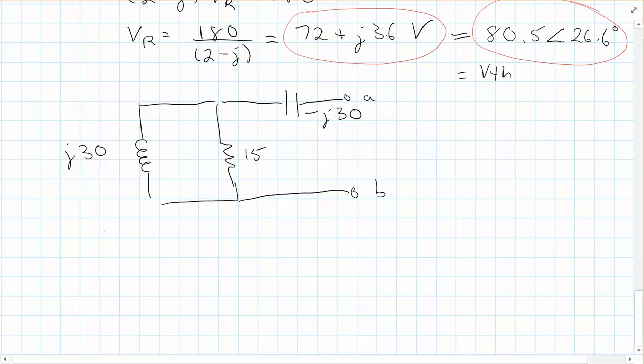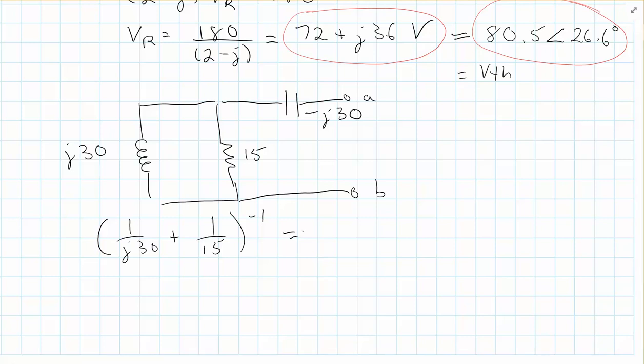Now, of course, the j30 is in parallel with 15, so you can do 1 over j30 plus 1 over 15, inverse, and then let me do that computation real quickly. And if I do that computation, I get 12 plus j6.